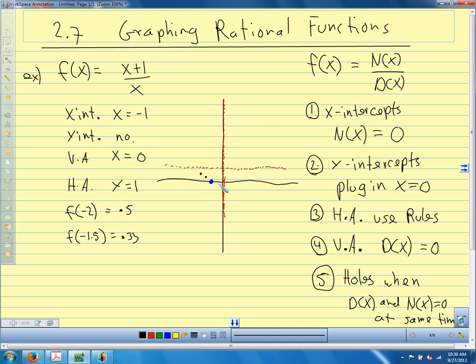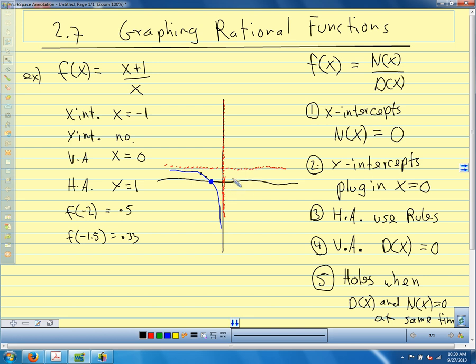If I calculate f of, say, 1/2, I would get a negative number. So this tells me, and if you're not sure, just calculate more points, this tells me the graph on this side does this. And over here, I'm going to calculate some points. It can be here, or it could be here.